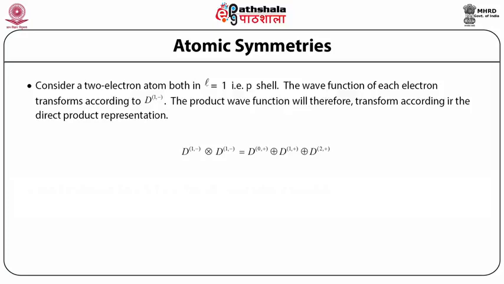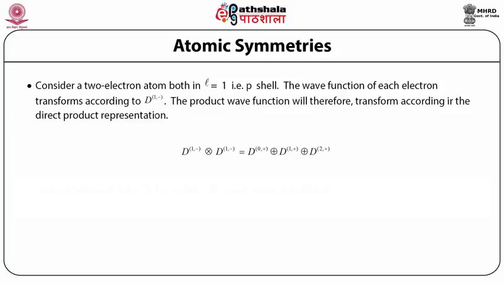The product wave function will therefore transform according to the direct product representation D1 minus times D1 minus. Remember that when you add the angular momenta 1 plus 1, you get 2, 1 and 0. So D1 minus times D1 minus is D0 plus, D1 plus, D2 plus.